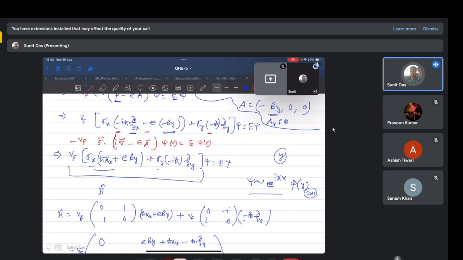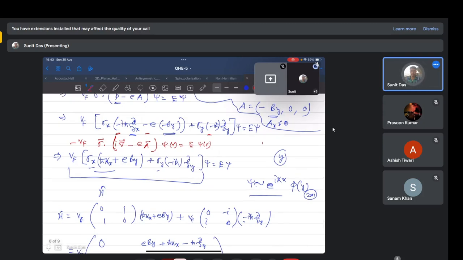So that's what we can write, because p we can write as minus i grad. This is in real space, grad r. This is valid, right? Because k we can write as minus i del x, let's say.